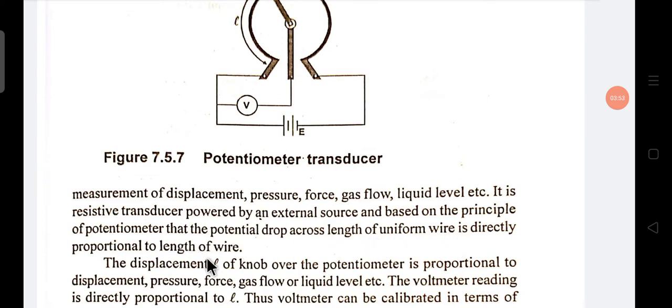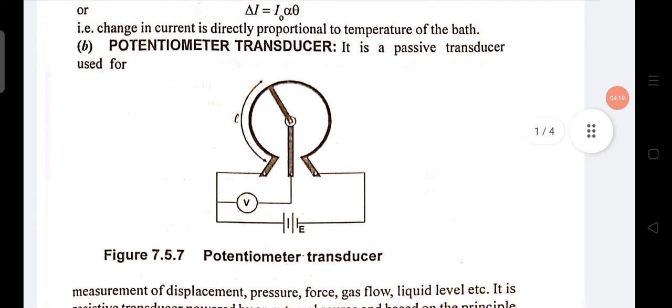That means the resistance of a wire is directly proportional to the length of the wire. So whenever the length of the wire is decreased, the resistance across the wire also decreases. Based on this concept, we use the potentiometer transducer.